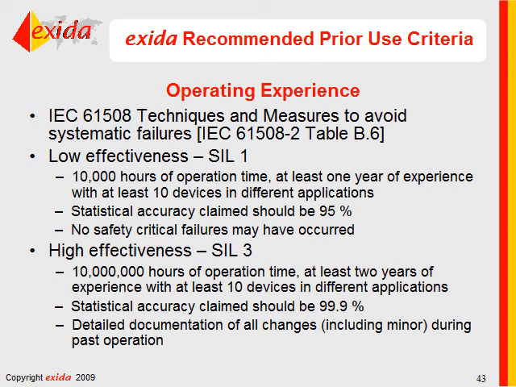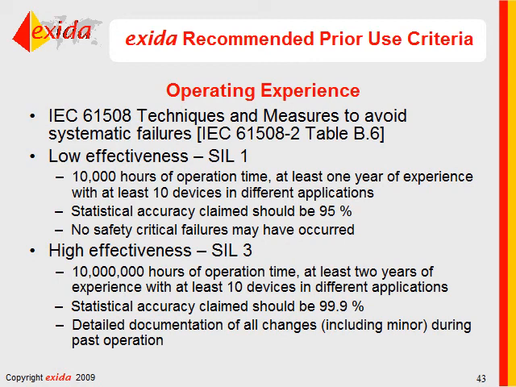They define low effectiveness as 10,000 hours of operation, at least 1 year of experience, with at least 10 devices in different applications. Statistical accuracy claims should be 95%. No safety critical failures. And actually, if you sit down and look at statistical accuracy of 95%, you need more like 100,000 hours.